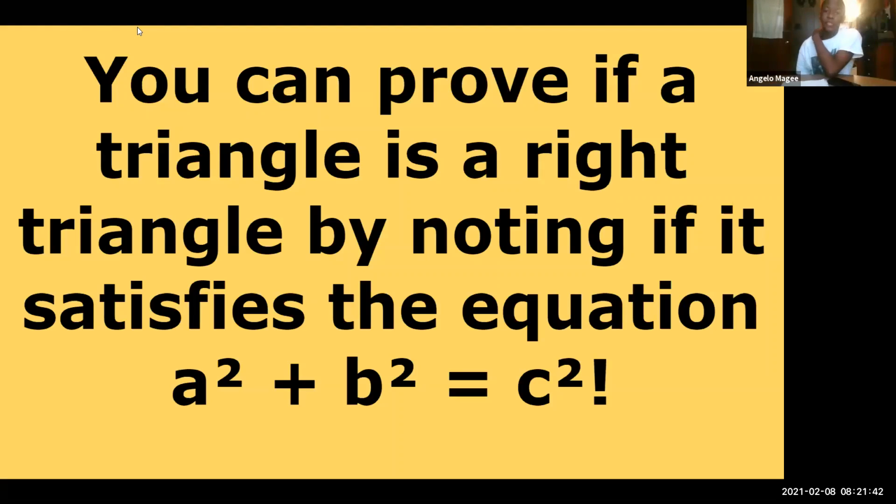You can prove if a triangle is a right triangle by knowing if it satisfies the equation a squared plus b squared equals c squared. If you don't have anything else on your paper right now, go ahead and put that formula: a squared plus b squared equals c squared. We will be using it. Anytime we mention the Pythagorean theorem, that's what to think of.